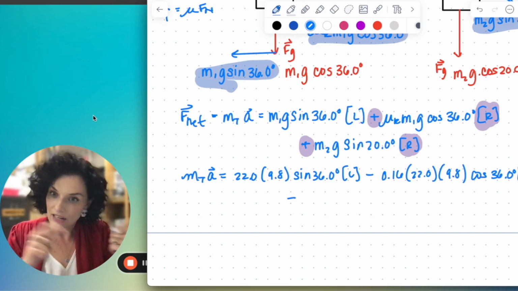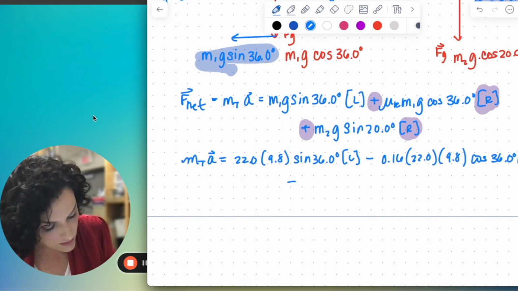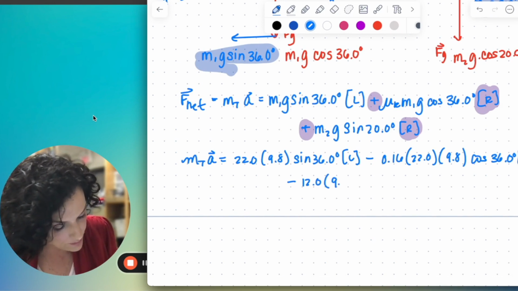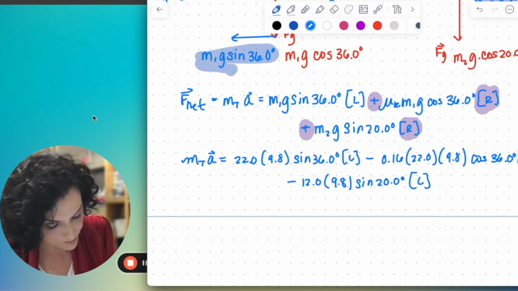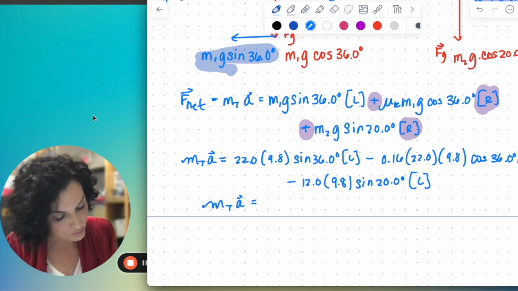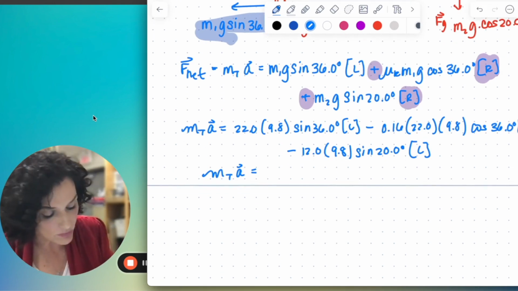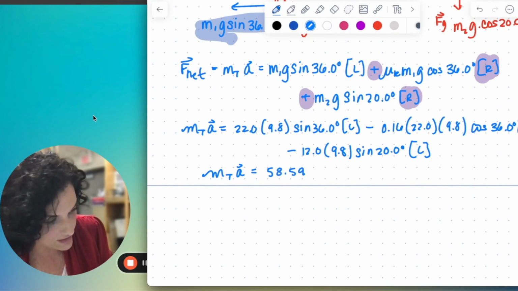And then we're going to subtract the other component off of that, and that's going to be 12.0 times 9.8 sine 20.0 degrees, and that's moving towards the left. So when I add everything all up and crunch my numbers, I'm going to get 58.597 newtons towards the left.